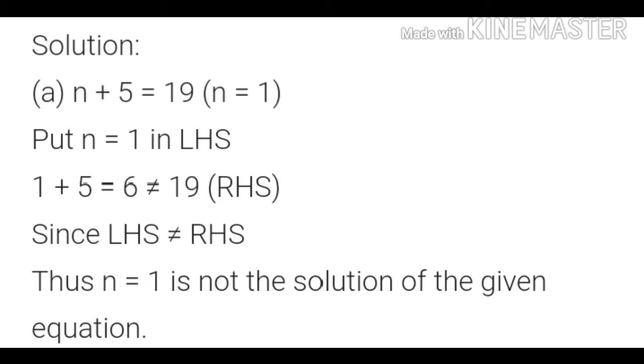Put n equal to 1 in the left hand side. 1 plus 5 is 6, never equal to 19. So LHS is not equal to RHS. Thus, n equal to 1 is not the solution of the given equation. Why? Because both sides are not equal.